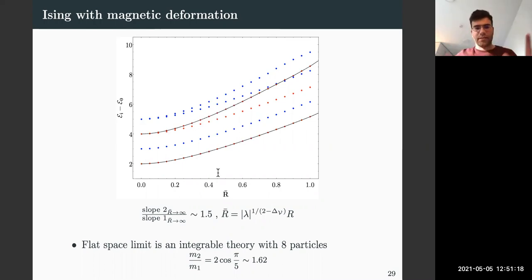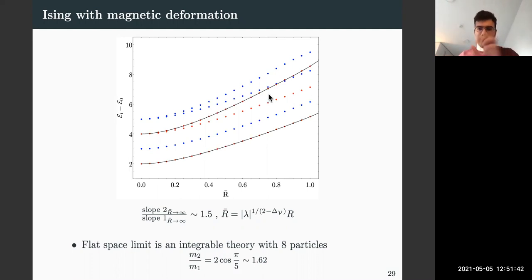So this spectrum itself in this region is a new result from Hamiltonian truncation in AdS. But we were also a bit ambitious about what happens in the flat space limit. Do we recover the flat space limit? By the way, after this R bar equal to 1, the convergence becomes really poor, so we cannot really trust the Hamiltonian truncation.